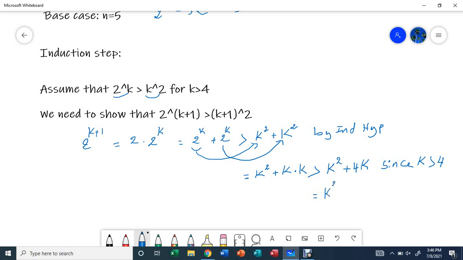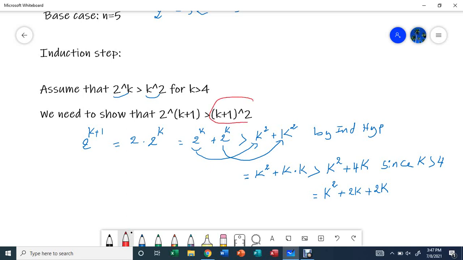So k squared plus 2k plus 2k, which is equal to 4k.